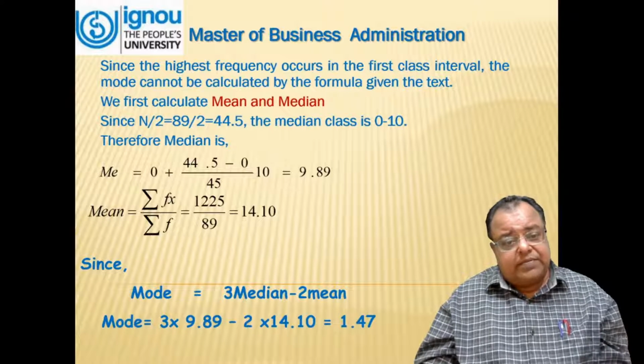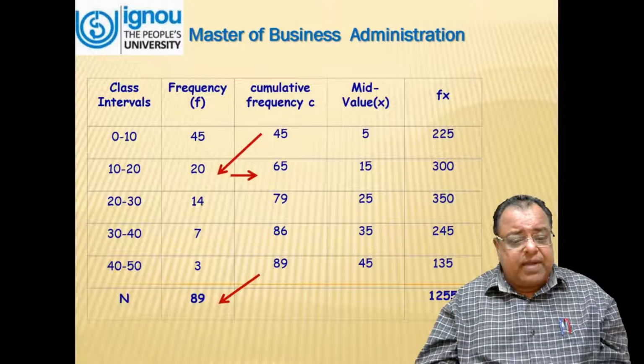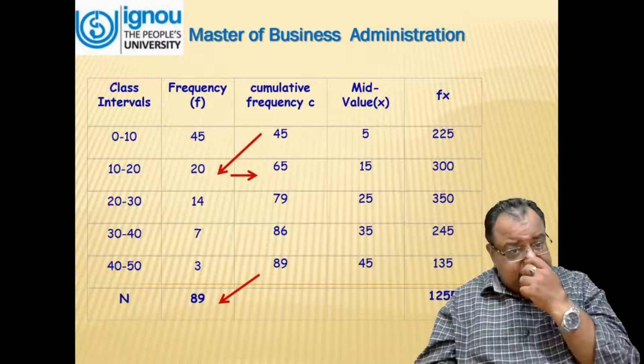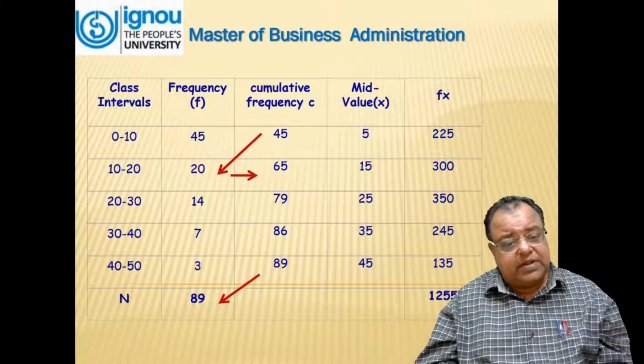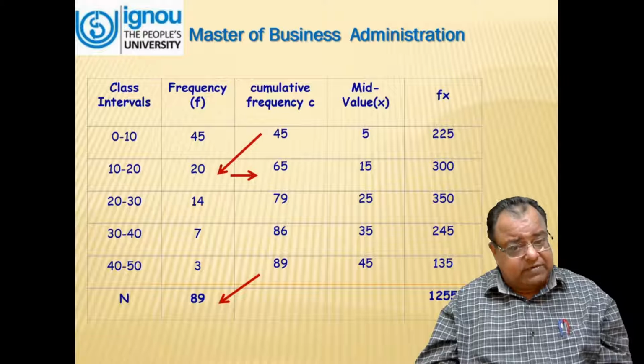After that, we will move to calculate the median. For median, we have to divide this 89 by 2. It comes out to be 44.5. We have to see in which class this 44.5 comes. This 44.5 comes in the 0 to 10 class.